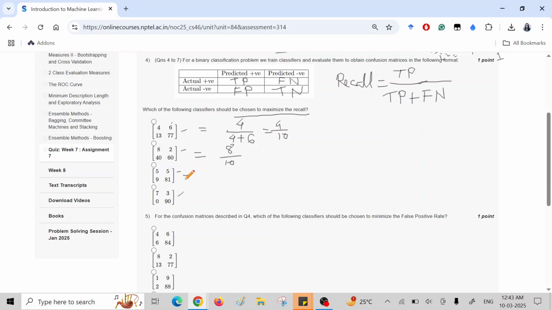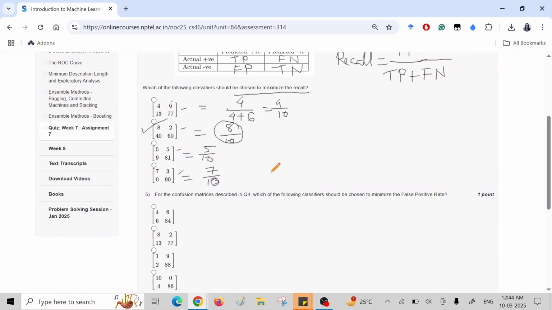For the third classifier, it is 5 by 10. For the fourth classifier, the recall value is 7 by 10. Since the denominator is 10 for all, we can easily compare the values and find which classifier gives the maximum recall value. That will be the correct option.